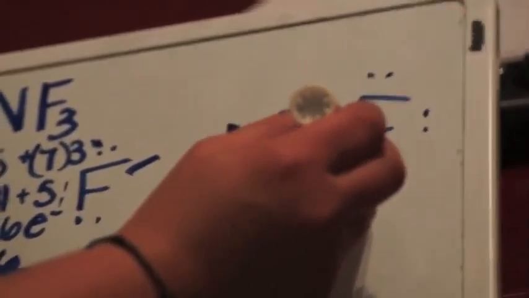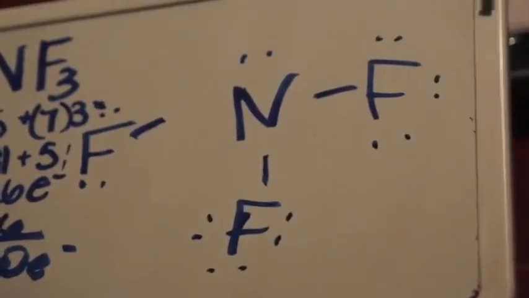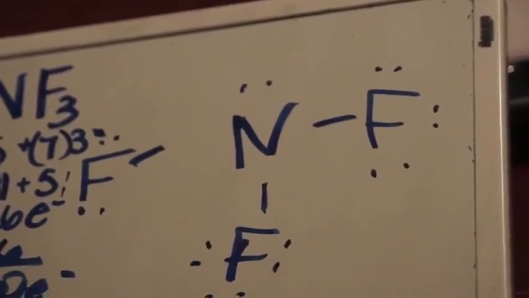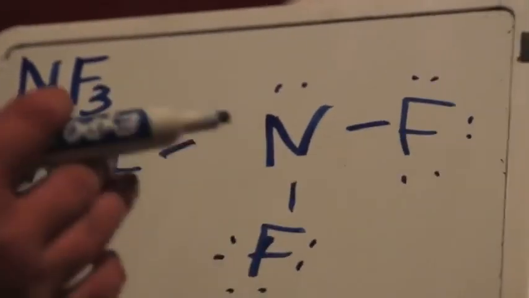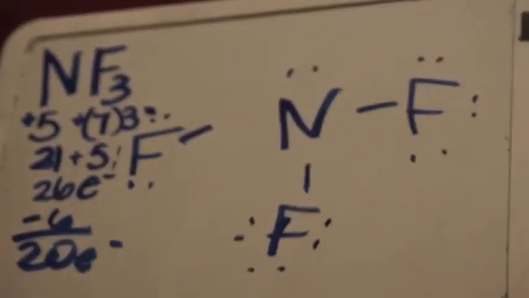And since you have 6 electrons that are bonded in the single bonds, you can subtract those from the 26 electrons that you originally had, so you have 20 left, and that's what the dots are represented by on the outside. And so you now have 8 in each valence shell, with the 2 represented by the lines. And that is how you draw a simple Lewis dot diagram.